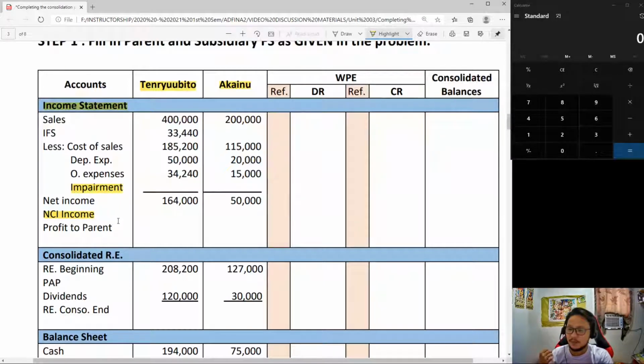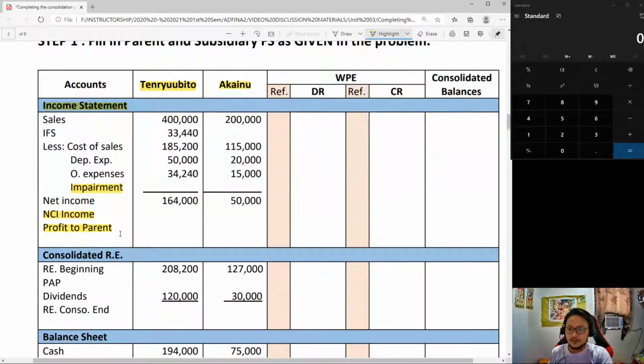Hindi mo makikita yan sa given. And then profit attributable to the parent. This is not proper, pero ginawa ko lang profit to parent kasi kulang ng space. So yan, fill in all the data in this format: account, parent, subsidiary, working paper entry, debit, credit, and then the consolidated balance.